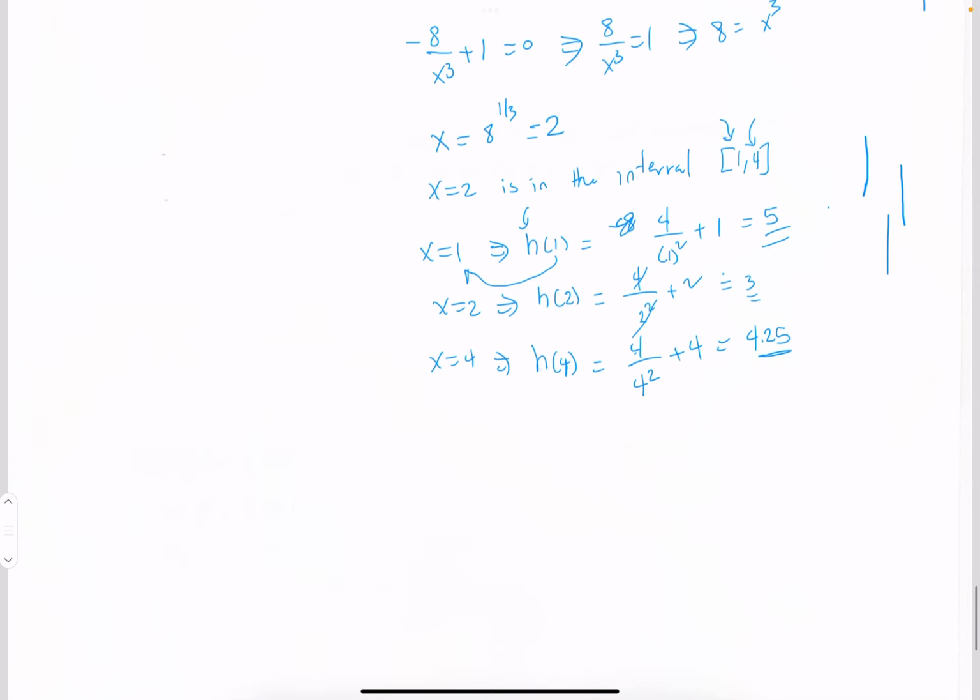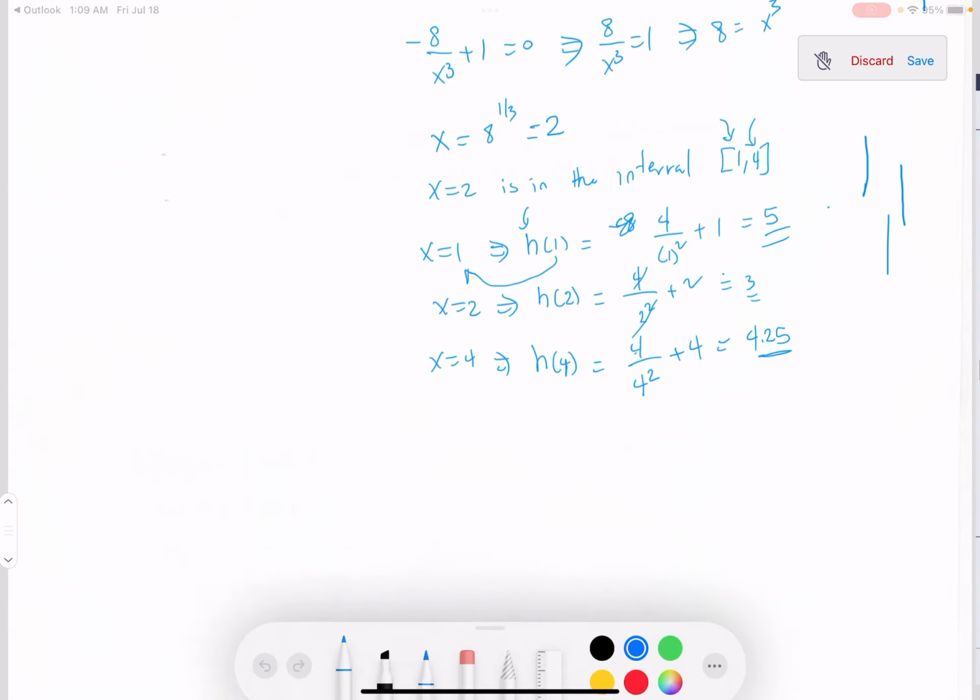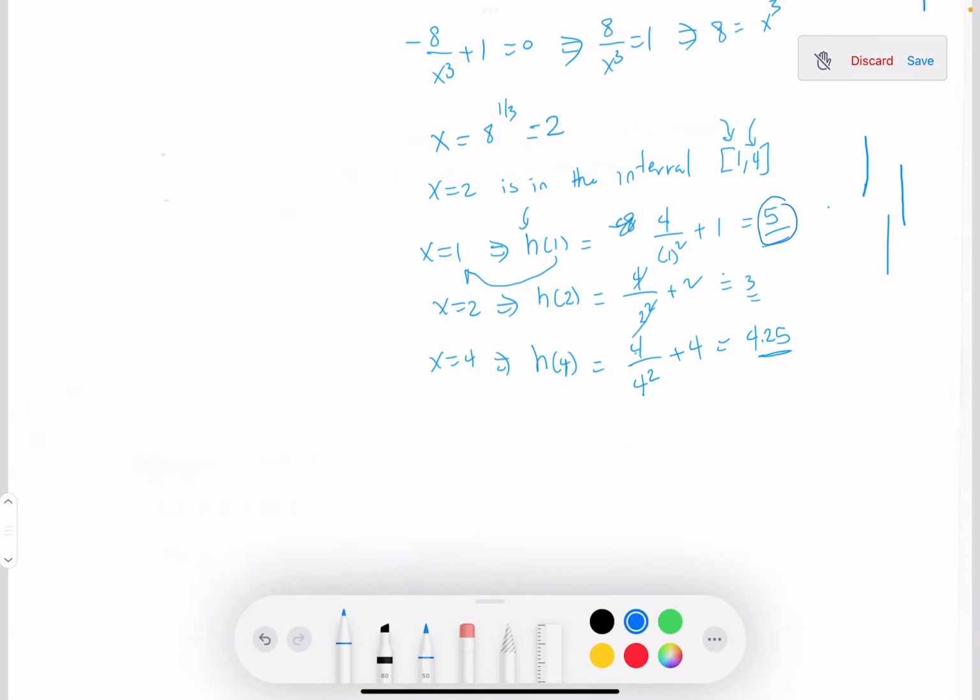Now, after this, we have to determine which one of those values, the 5, the 3, and the 4.25, is the absolute maximum. We can see that the absolute maximum is here.